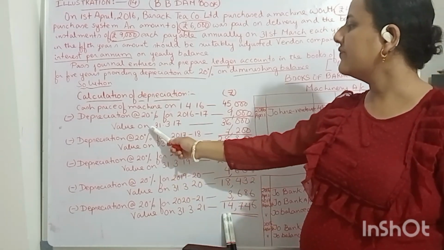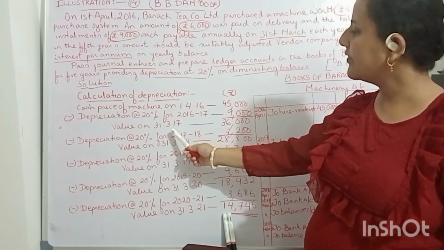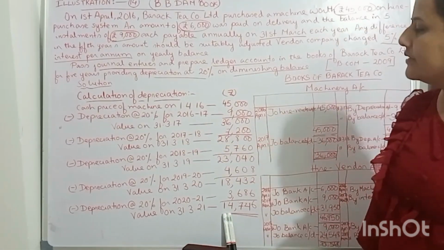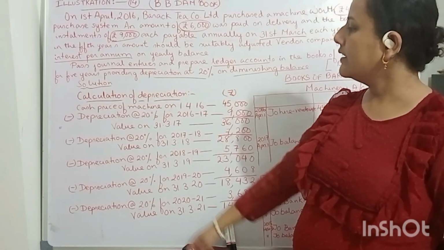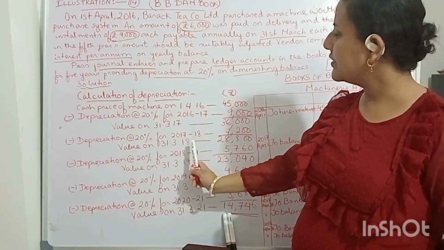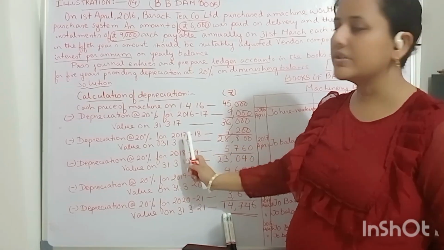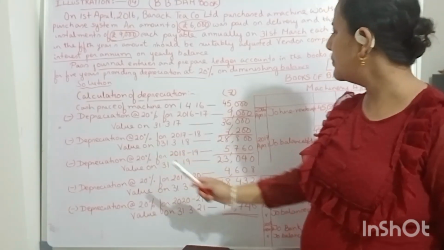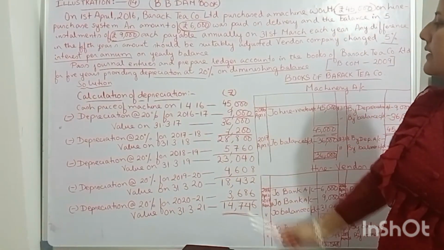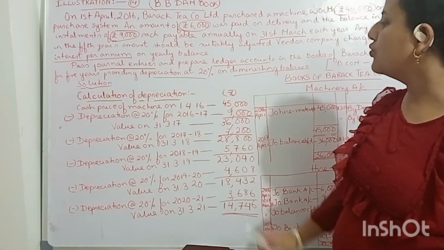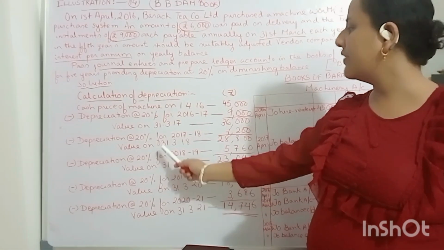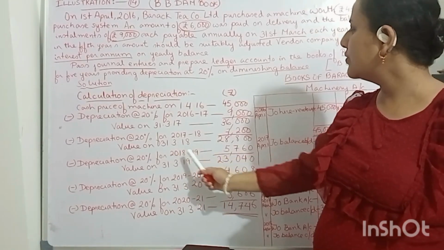Then what is the value of the machinery on 31st March 2017? It is 36,000. Then again you deduct depreciation for 2017-18, which is 20% on 36,000, so it will be 7,200. That is the value on 31st March 2018.